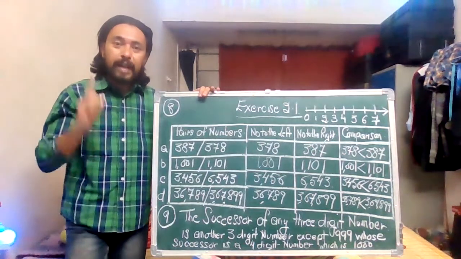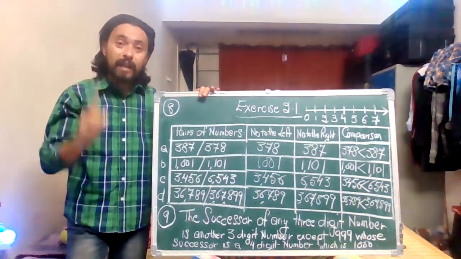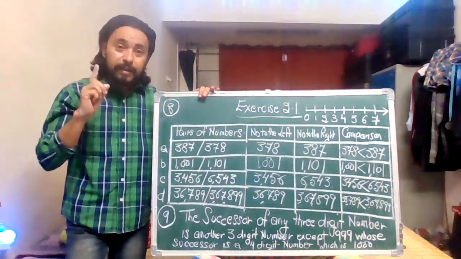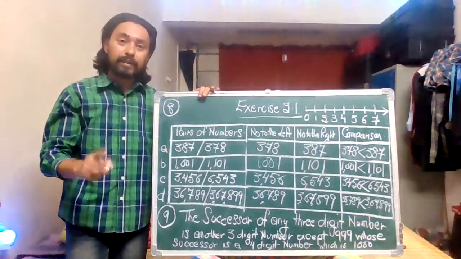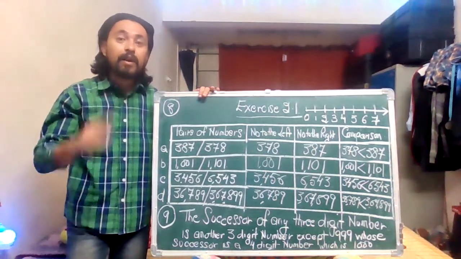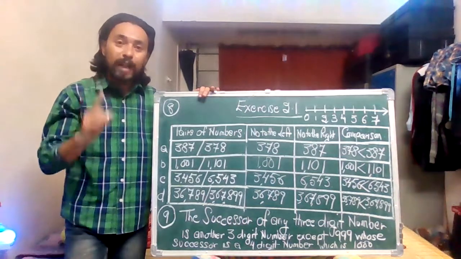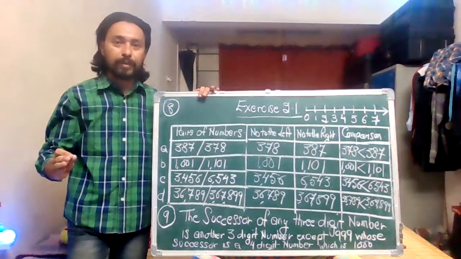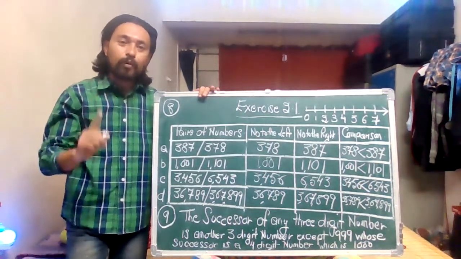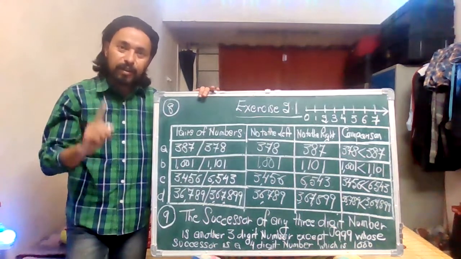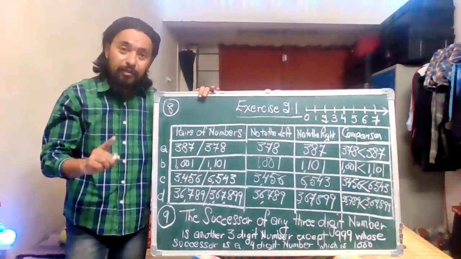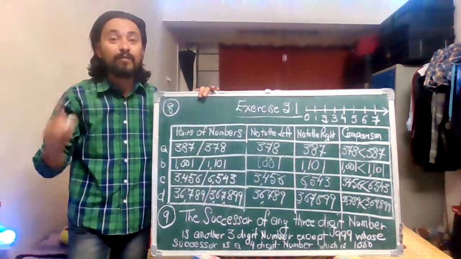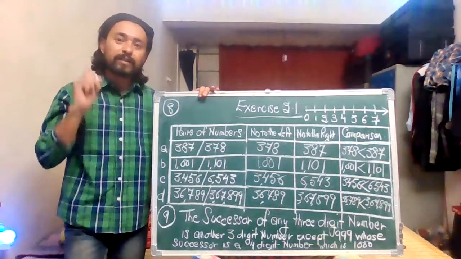But the number 999, which is the greatest 3-digit number, its successor is a 4-digit number, that is 1000. The number 999 is the only 3-digit number that has a 4-digit successor.